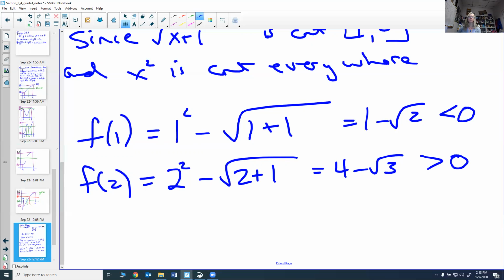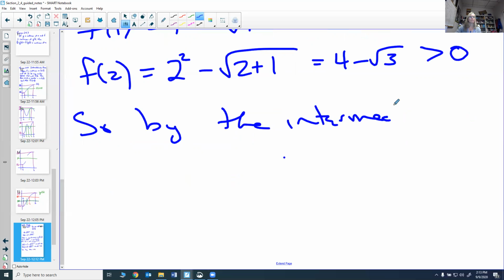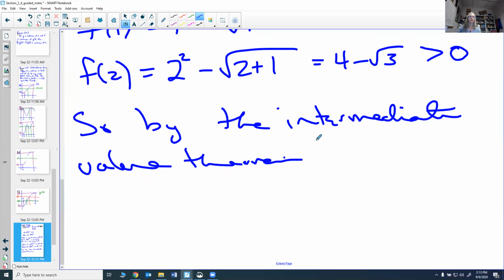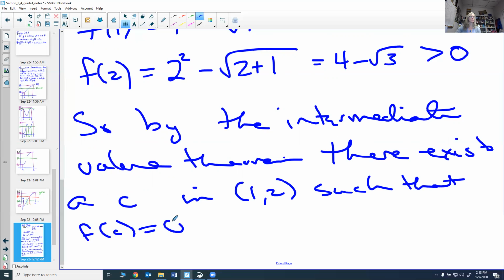So therefore, by the intermediate value theorem, there exists a number C in 1, 2, such that f of C equals 0.